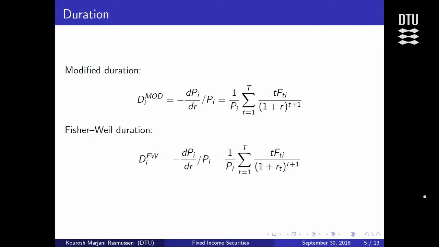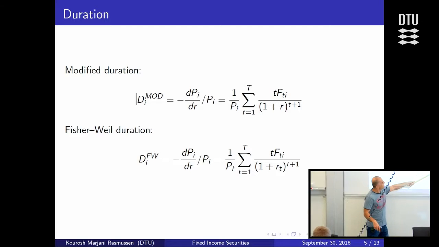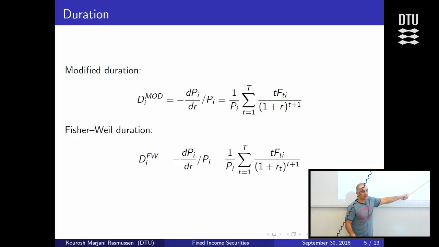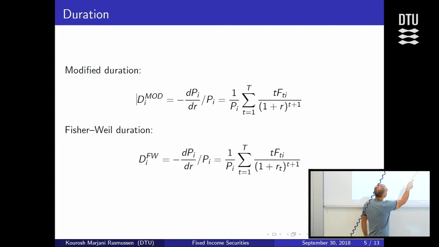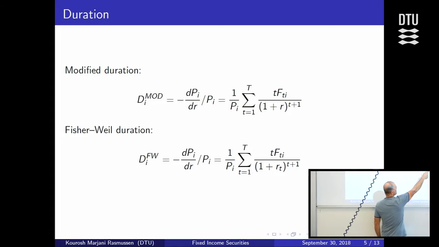This is essentially the same formula as we've got here. The only difference is that now we are differentiating with regards to a term structure of interest rates which is not flat. Normally in this case the interest rate doesn't have this index T, so this is not a typo. This is the definition of modified duration.